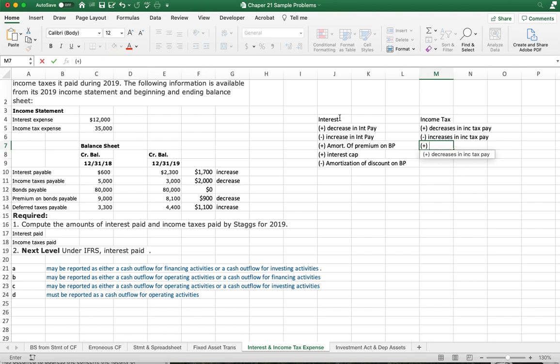We will add a decrease in the deferred tax liability, which means we would subtract out an increase in the deferred tax liability.